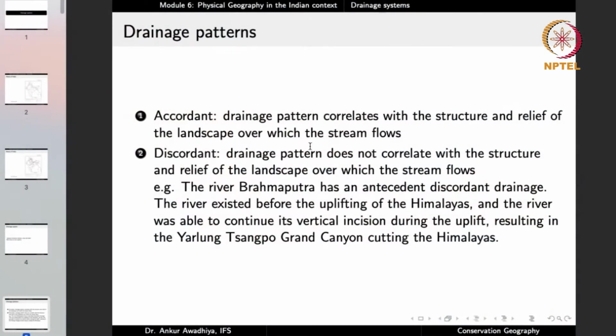So this is an example of a discordant pattern, and we observe discordant patterns, say, in the case of river Brahmaputra.